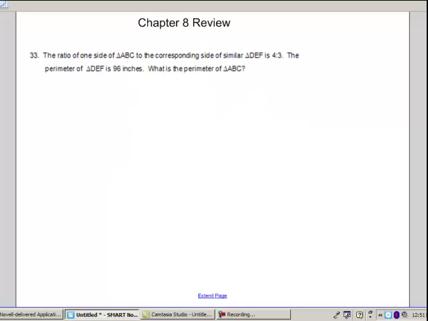Number 33. The ratio of one side of ABC to a corresponding side of similar DEF is 4 to 3. Okay, so this is a triangle, and I don't know if it's a right triangle or anything else, but I do know that if this is ABC, this would be a 4 and this would be a 3. I kind of wrote this backwards, right? The perimeter is 96 inches of DEF, which is the smaller one over here.